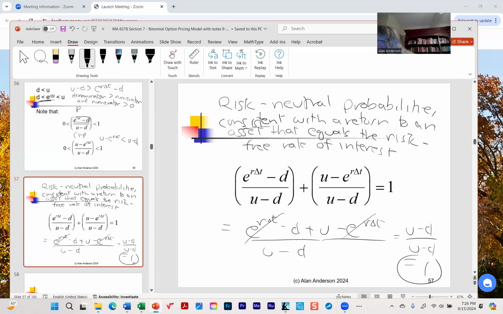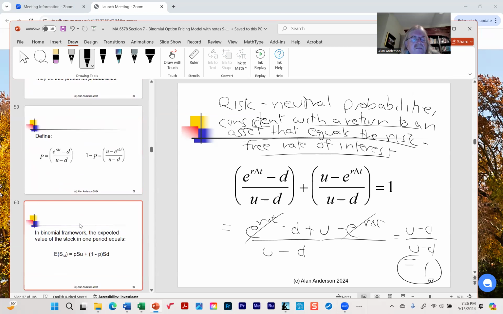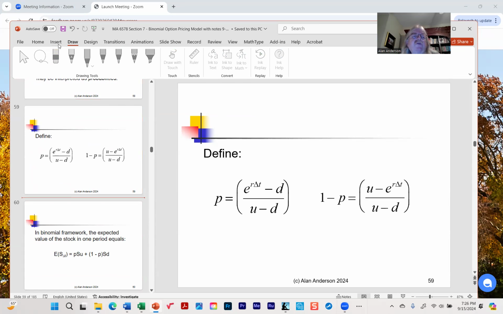They're consistent with a return to an asset that equals the risk-free rate of interest. So we have to be able to show that if we had some asset or other. Well, let me just show you graphically, and we'll do the algebra in a second.